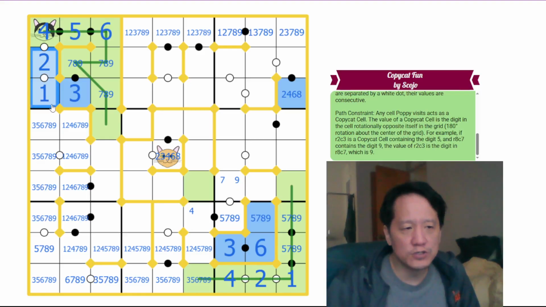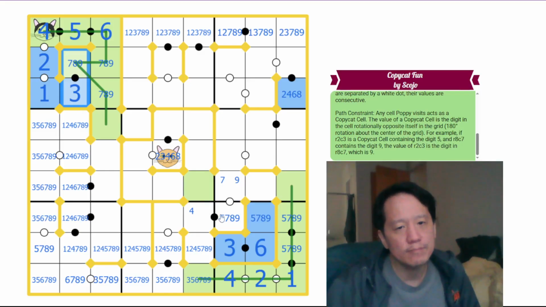These digits, 1 and 2, are definitely consecutive. 2 and the value here is 1, which is consecutive. 1 and 2 is in a 1 to 2 ratio. 2 and 4 is in a 1 to 2 ratio, which matches that. This we don't care about the value. This is value 6, which is in a 1 to 2 ratio with 3. This is a value of 8 no matter what, but we don't know which.